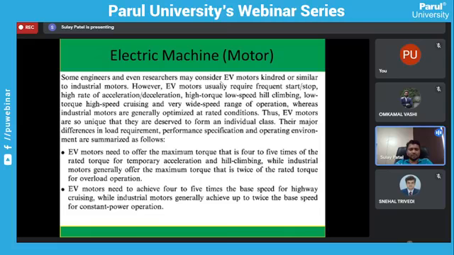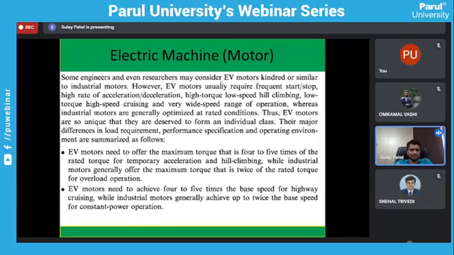Whereas industrial motors are generally optimized at a rated condition. Thus, EV motors are so unique that they deserve to form an individual class. Their major differences in load requirements, performance specifications, and operating environment are summarized as follows.